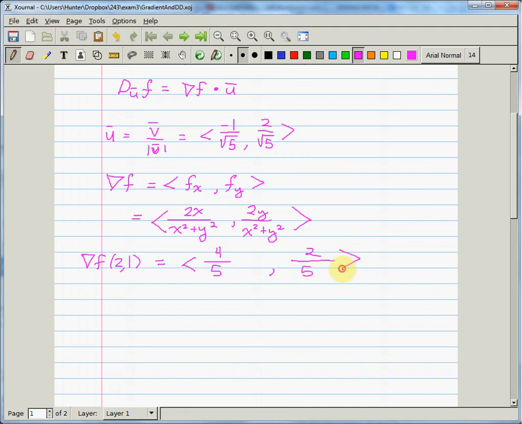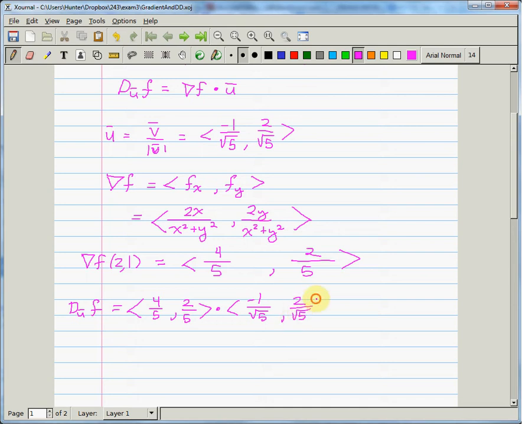Okay. So now we are ready to finish up. So the directional derivative in the direction of u of f is the dot product of this vector, which is the gradient evaluated at the point, and the normalized direction vector, which is this.